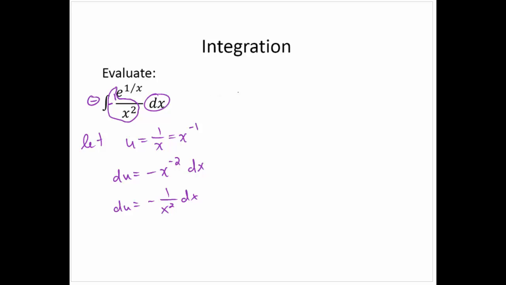So I can rewrite this as negative integral e to the u du. Because the 1 over x was my u, and I multiplied by a negative 1 on the inside and outside to balance, but that gave me the du that I needed.